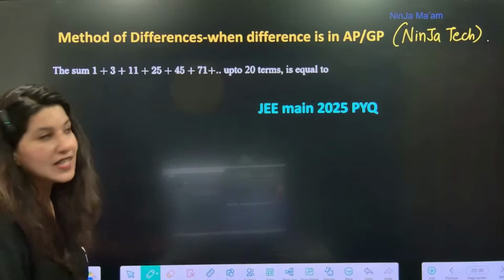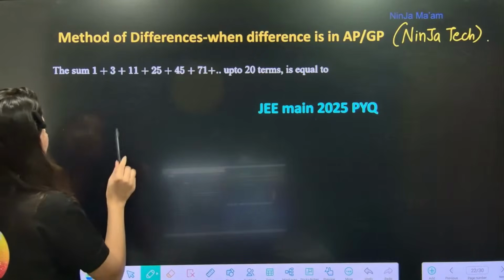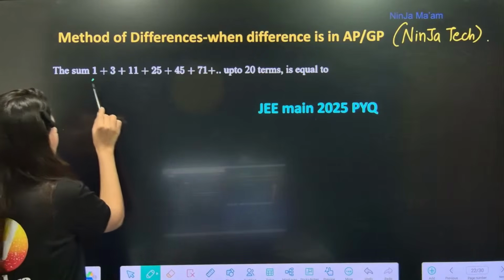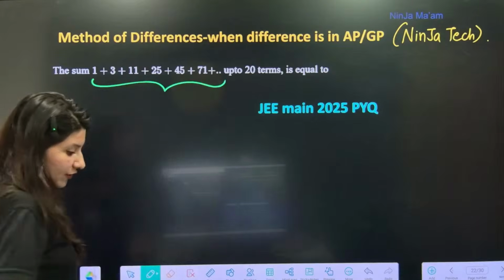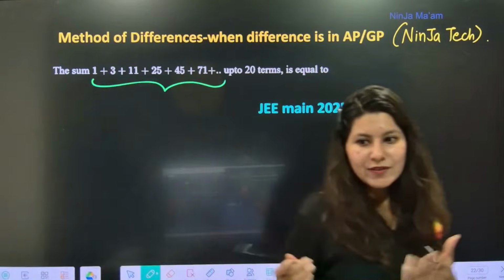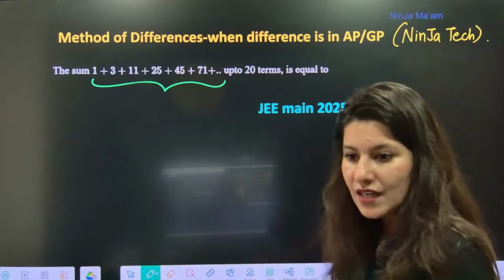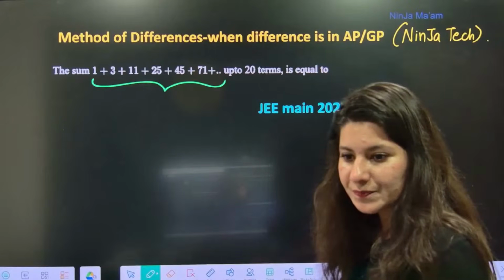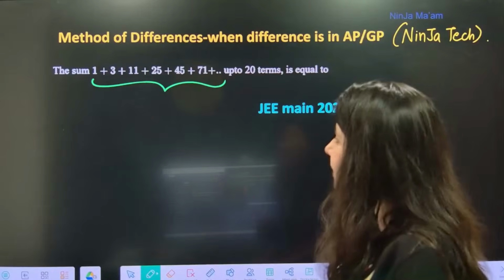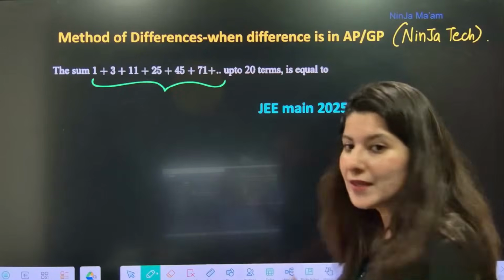Tell me. Yes. So it says that a sum will be given to you. If you try to understand it, what kind of series is this? Tell me. Ma'am, this is not even an arithmetic progression. No arithmetic progression, no geometric progression.